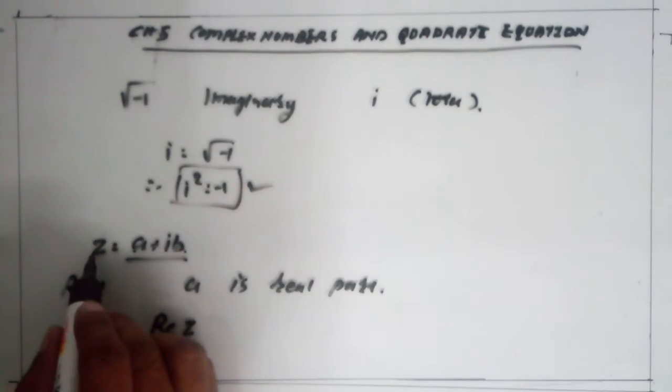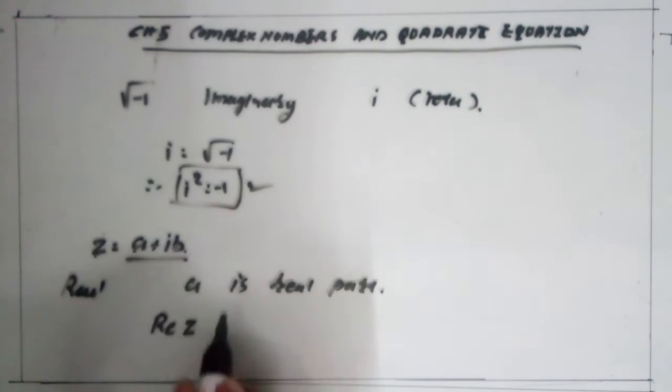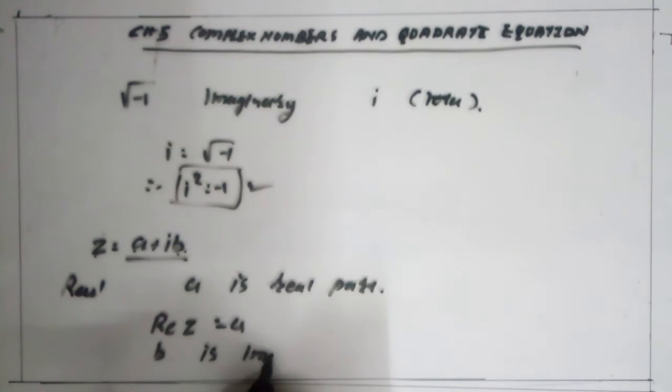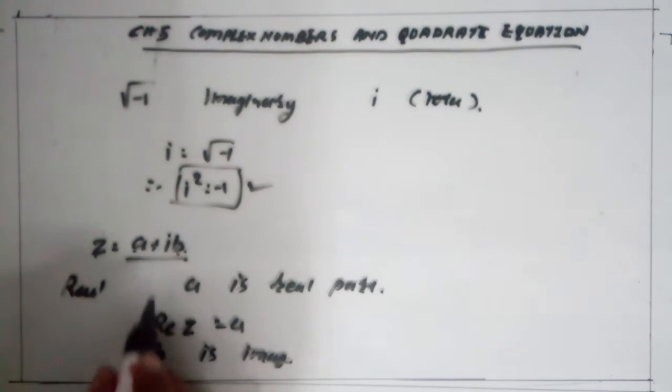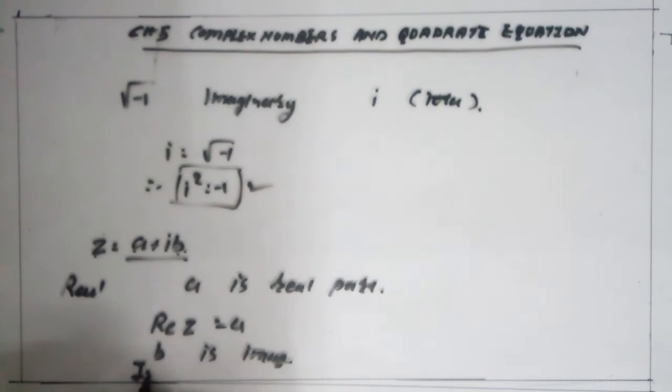So for complex number z is equal to a plus ib, real z is equal to a, and b is called imaginary part of complex number and is denoted by imaginary z. Imaginary z is equal to b. Clear?